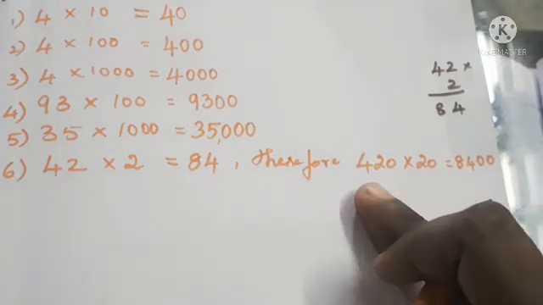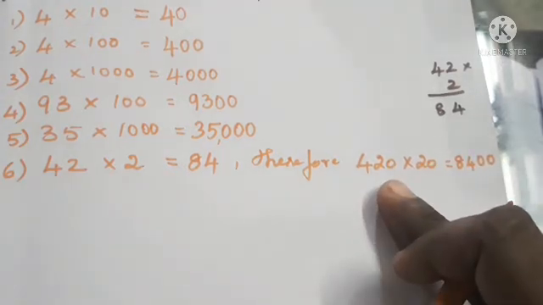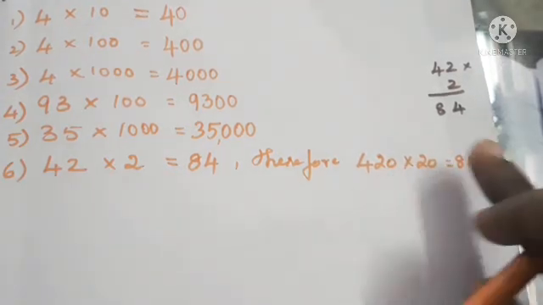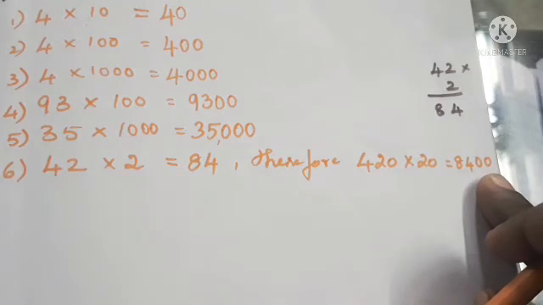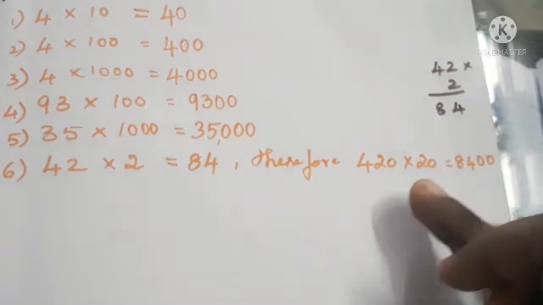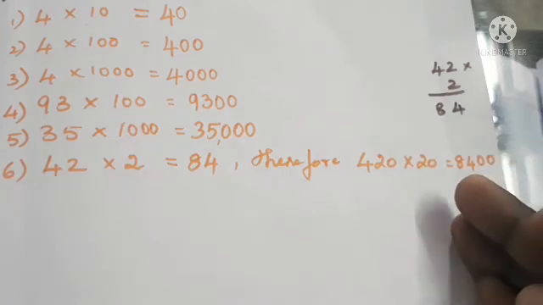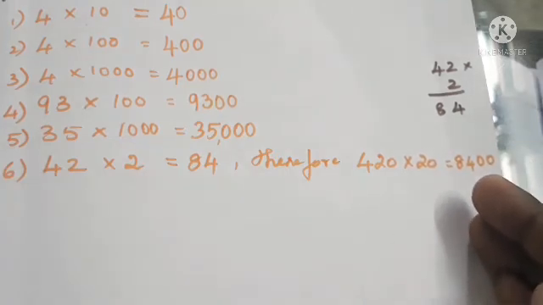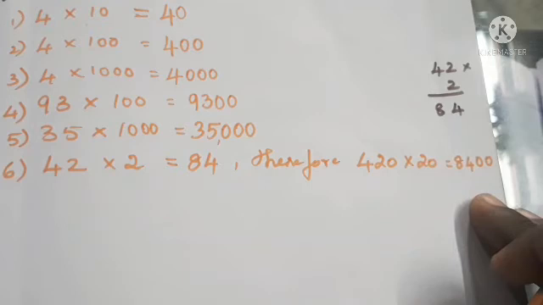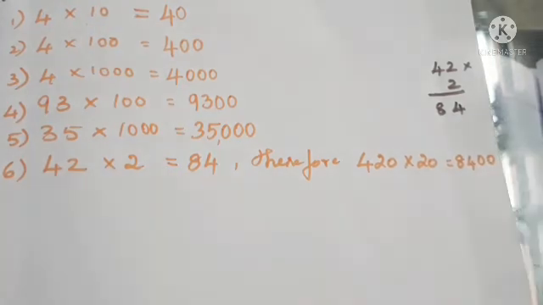Suppose if you have 402, we can't write the 0 at the back of the number. It's not possible. Okay, so you have to understand, in the ones place if you have 0 means we can do it. Otherwise if you have both ones and tens places zeros, we can do it. Okay, ma'am? Understood. Then we can see one more example.